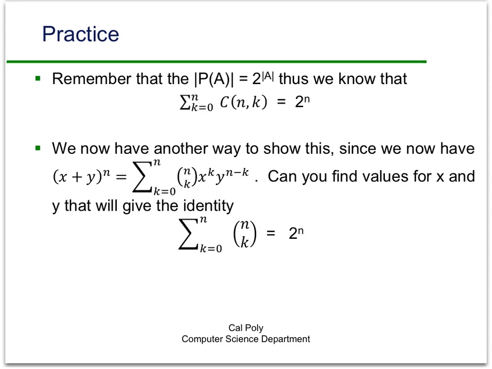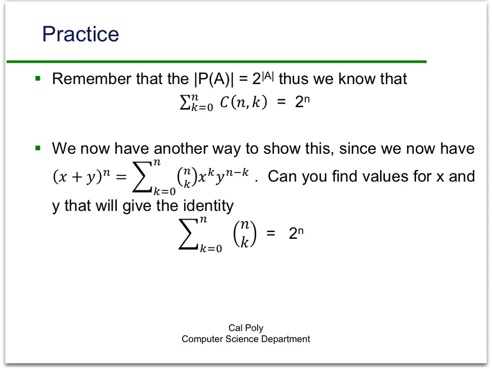So notice that if we write out the binomial expansion using the binomial theorem, we're going to have a sum from k equals 0 to n of C(n, k) times terms with x raised to a power and y raised to a power.